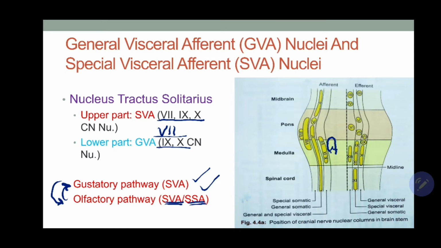That means if you try to taste something with your nose closed, completely clamping your nostrils, and then you eat, you will not be able to relish the taste very much. The reason is that the olfactory and gustatory pathways are very much interlinked. So some say it should be special visceral afferent, and some say the olfactory pathway is special somatic afferent. So let's move further, then we'll keep talking about these things.